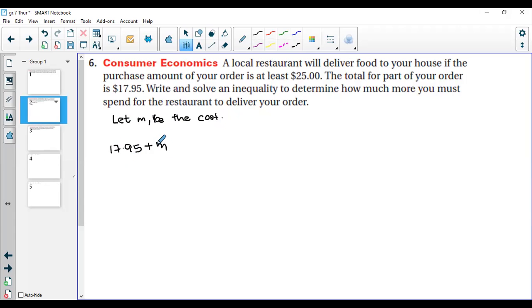So let that be M. Now this amount should be equal to or greater than 25. This is what they want. So for 17.95, you have to order some more to get it to 25. So it should be equal to 25 or greater than 25. So this is going to be M is greater than or equal to 25.